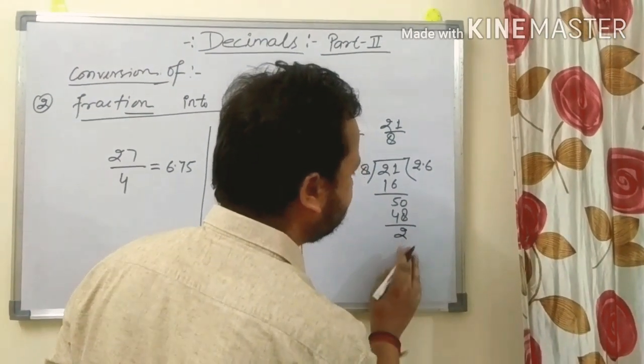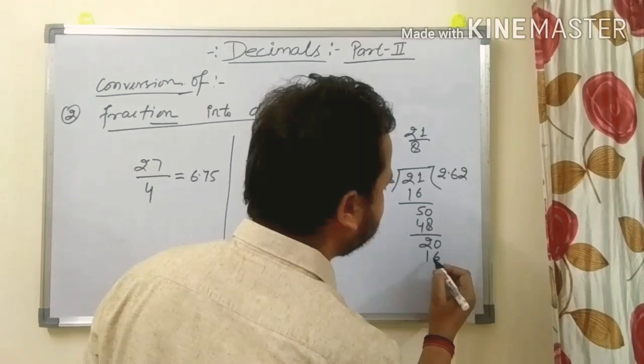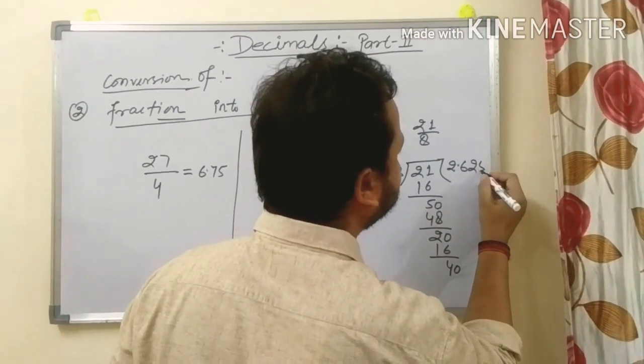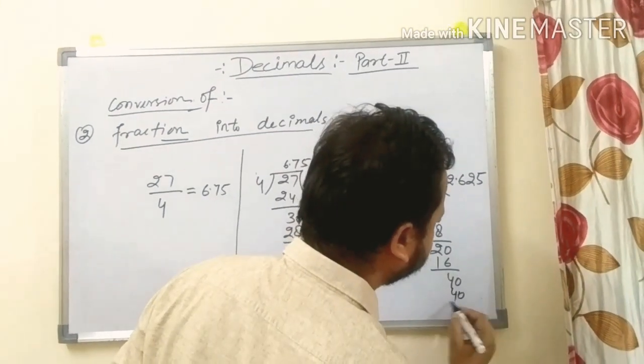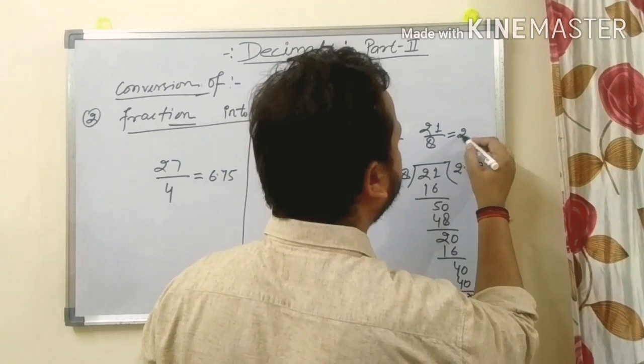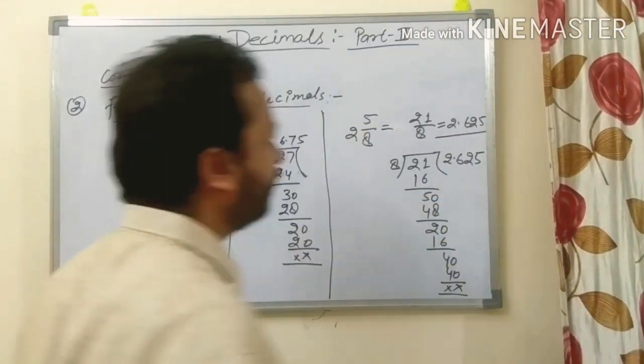The remainder is 2. Put 0 here. 8 twos are 16. The remainder is 4. 8 fives are 40. So you can write it as 2.625, right?